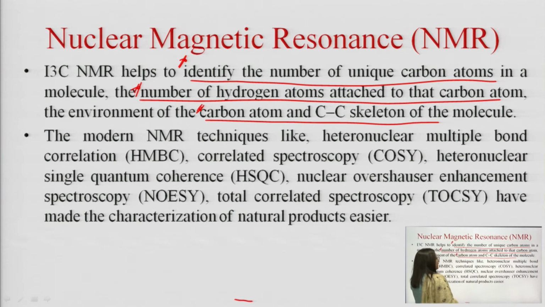Modern NMR techniques are also available presently. They are heteronuclear multiple bond correlation, that is HMBC; then correlated spectroscopy, also termed COSY; then heteronuclear single quantum coherence, that is HSQC; nuclear Overhauser enhancement spectroscopy, that is NOESY; and total correlated spectroscopy, also called TOCSY.